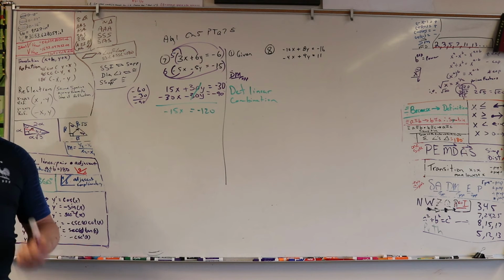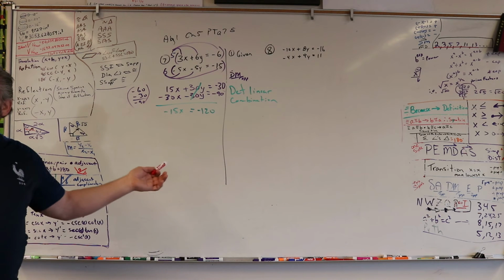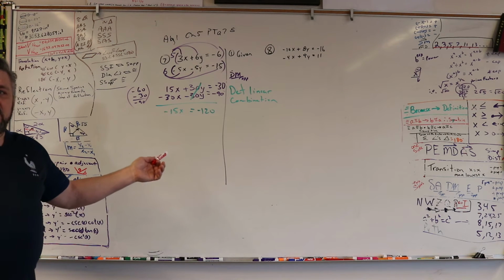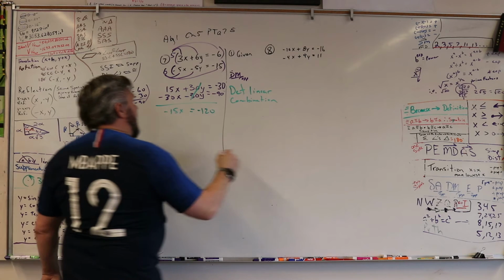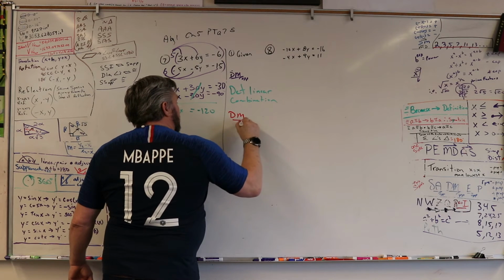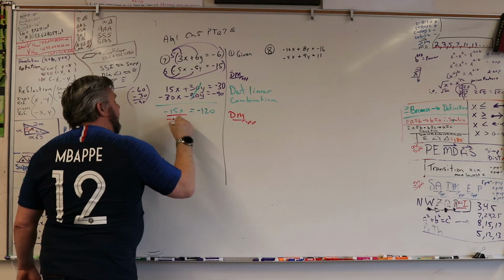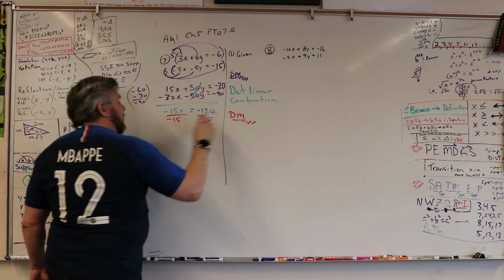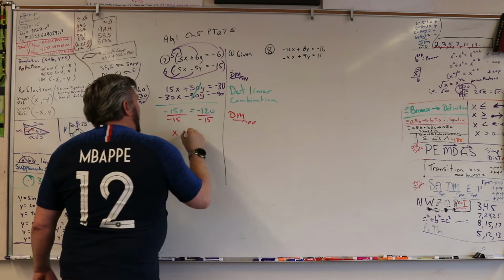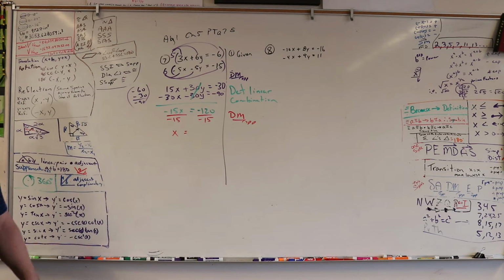We step back into SAD MAS. Nothing subtracting or adding, right? So DM, right back to DM. Okay? I'm going to divide by negative 15 to both sides. How many times does it go into 120?